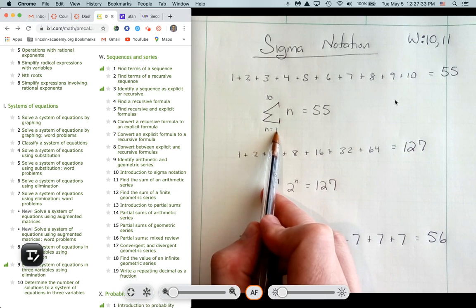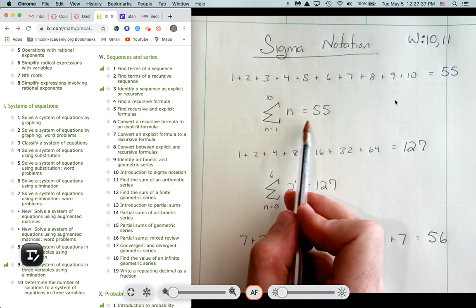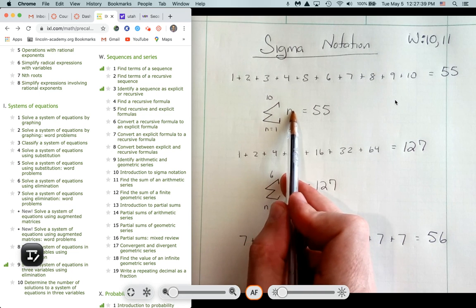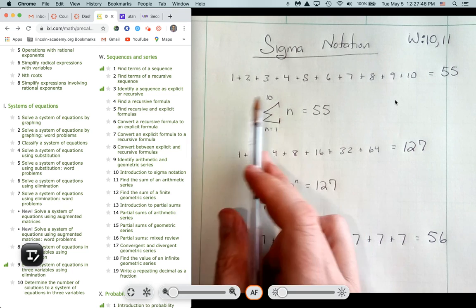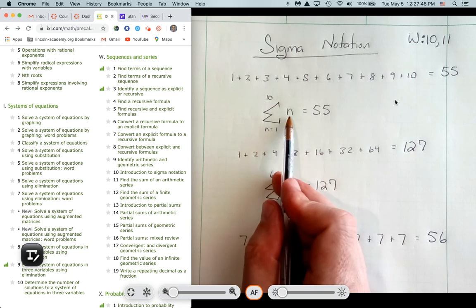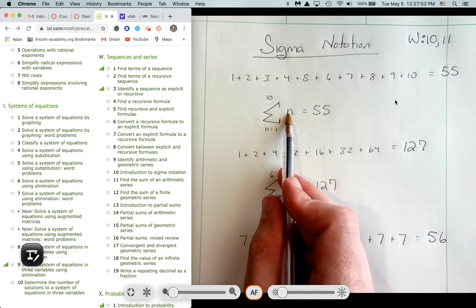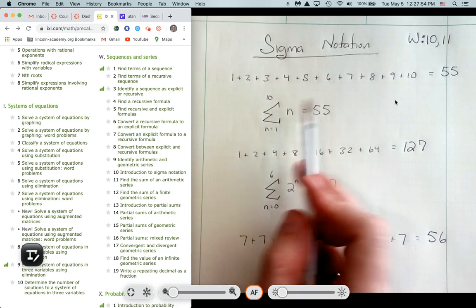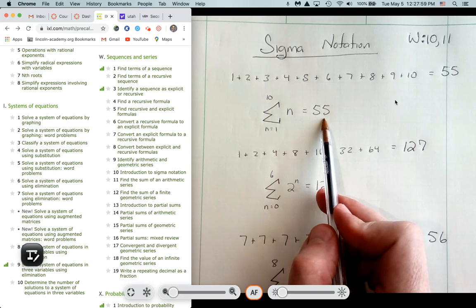So I'm starting with integer 1, and I'm going up to 10. And then this is a formula that we plug these numbers into. I would plug in a 1 and get 1. I would plug in a 2, and that gives me 2. I would plug in a 3, and I would get a 3. And I would go all the way up until I get to 10. Then I sum those up, and I get a sum of 55.